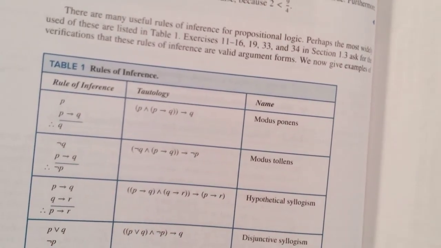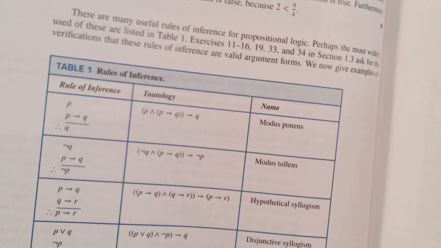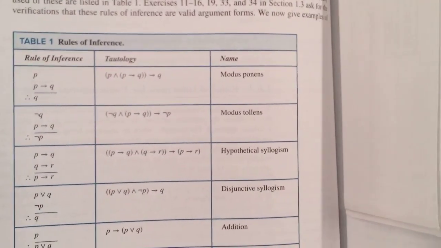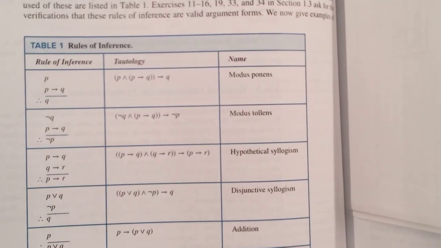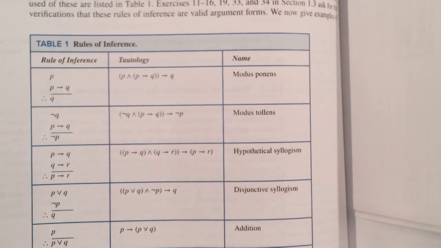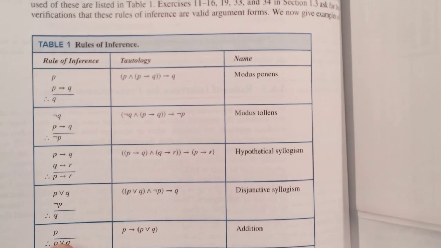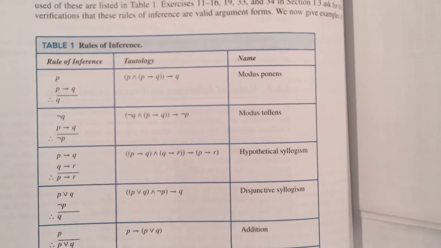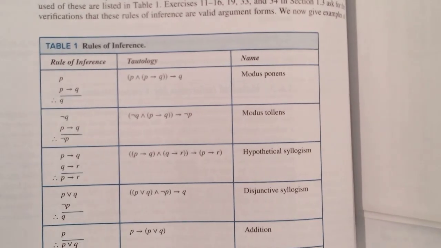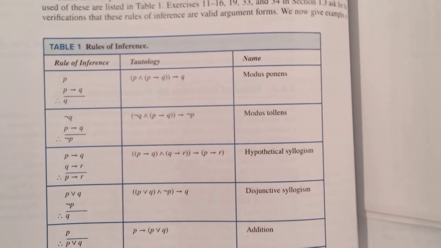Did I see a not anywhere in that setup? Alice is a math major. Therefore, that was a conclusion, right? Therefore, Alice is a math major or Alice is a CS major. That's our addition setup. We added on the extra or piece.